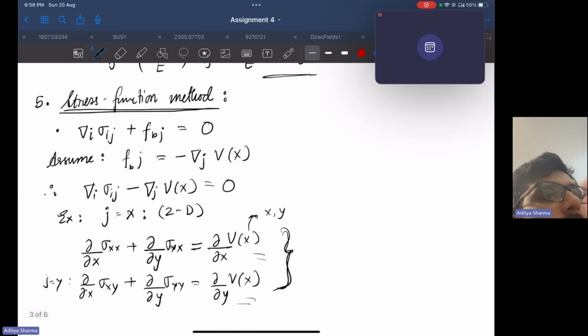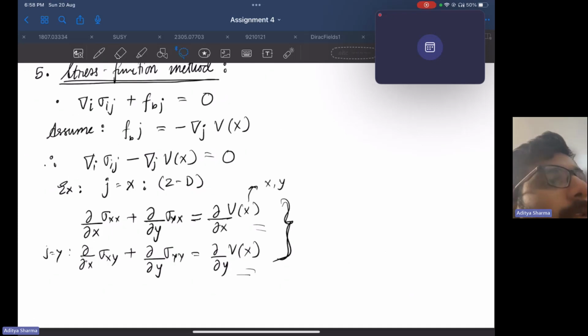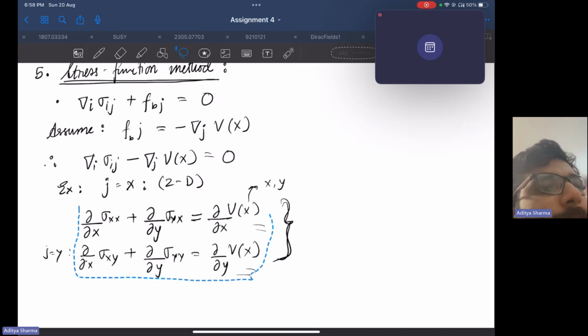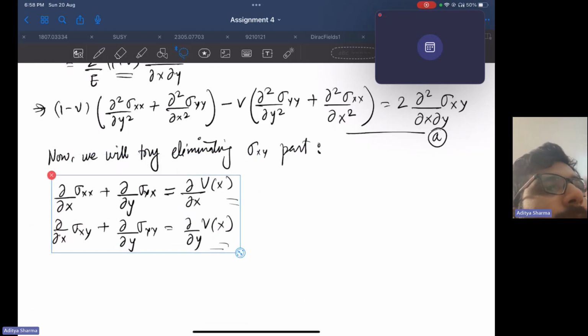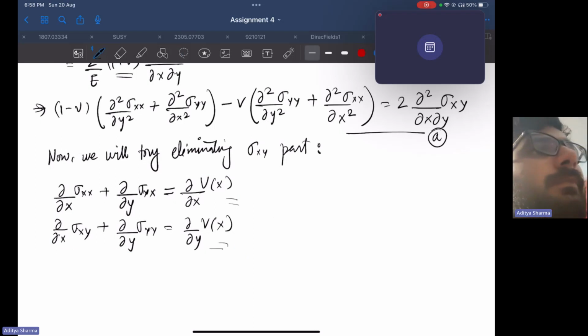So what we will do is copy this equation, and then we will differentiate this with respect to x.